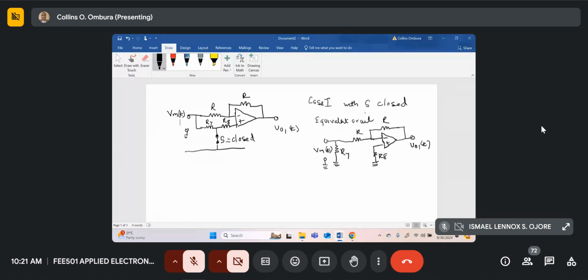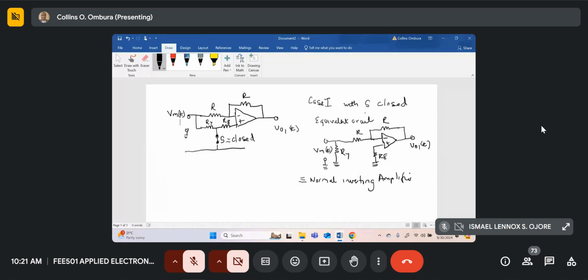So this equivalent circuit is just our normal inverting amplifier. So this is equivalent to the normal inverting. Okay, it's just a normal inverting amplifier.